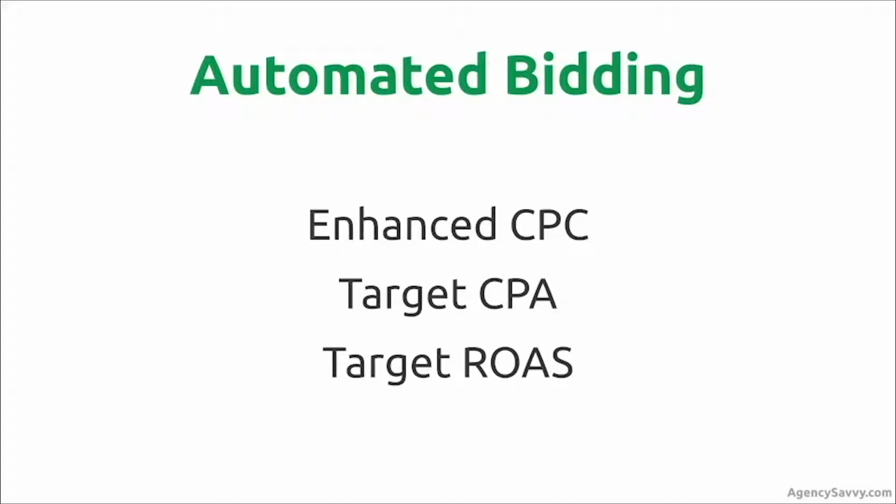But this essentially gives Google a little bit of control. It respects all of the various settings that you have in your campaigns, and it looks at what you're prepared to bid. Let's say it's $2 a click, and then it allows a little bit of wiggle room above that and below that, and it's going to choose to change that bid based on how likely it believes that particular person viewing your ad right now is to convert or not.